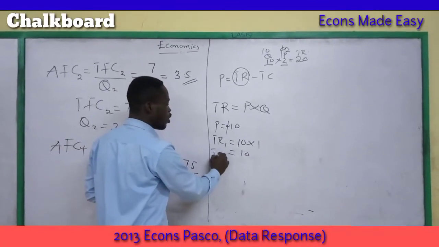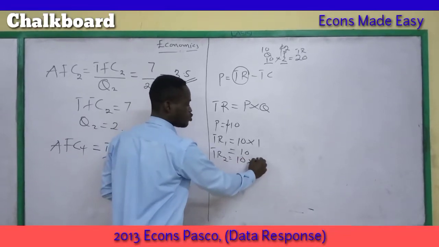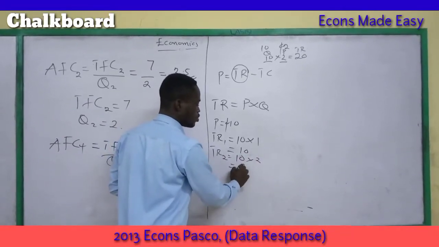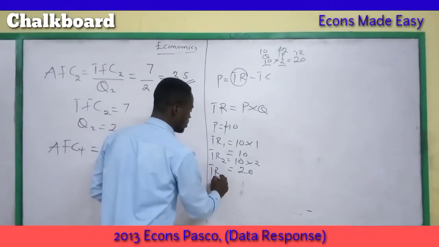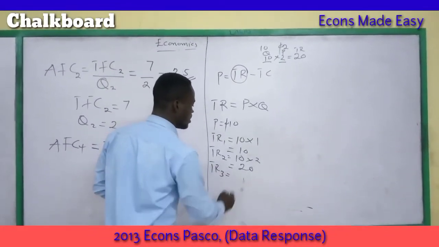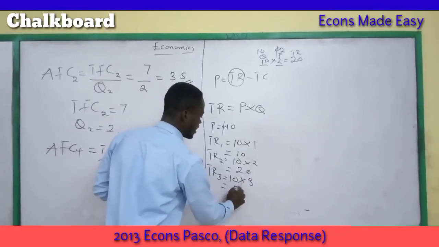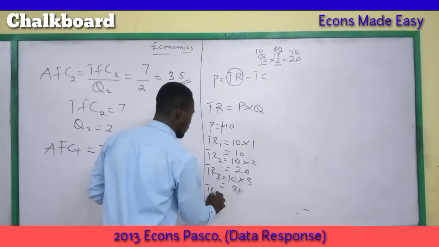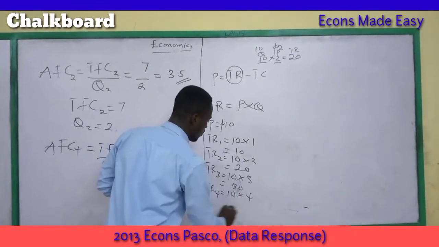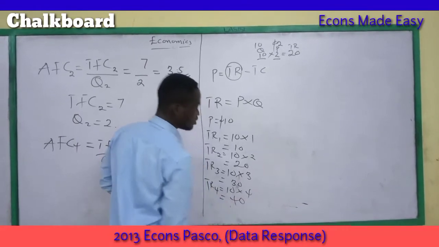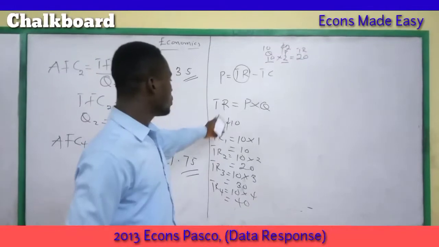Now, total revenue of output 2 will equal to 10 times 2, which you are getting what? 20. Total revenue for output 3, which is going to be 10 times what? 3, which you are going to get 30. Total revenue for output 4 will equal to 10 times 4, which will give you what? 40. And so we have gotten our total revenue.